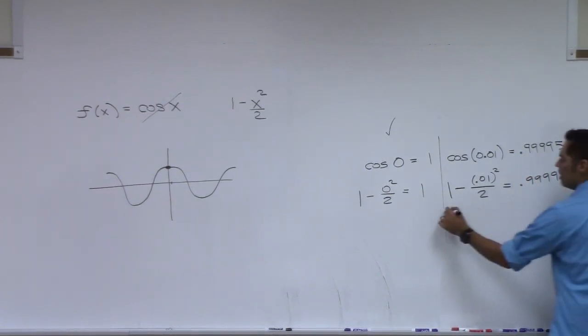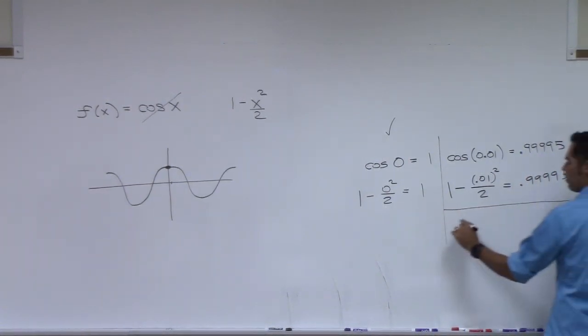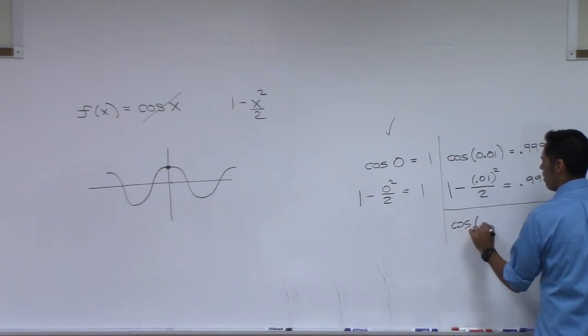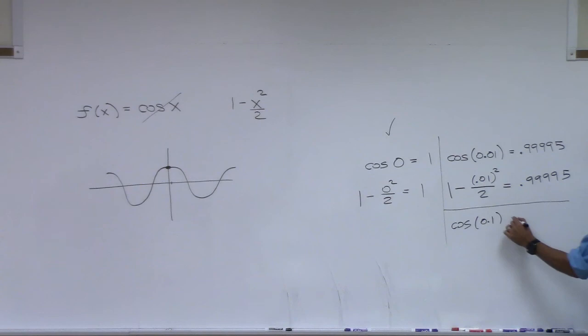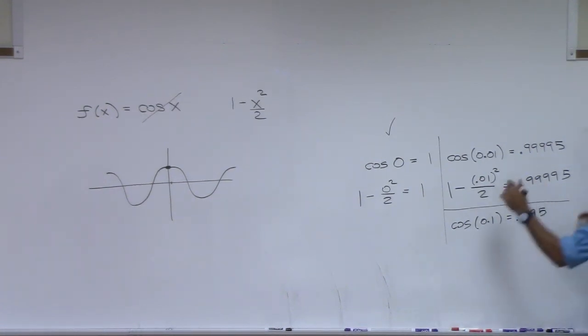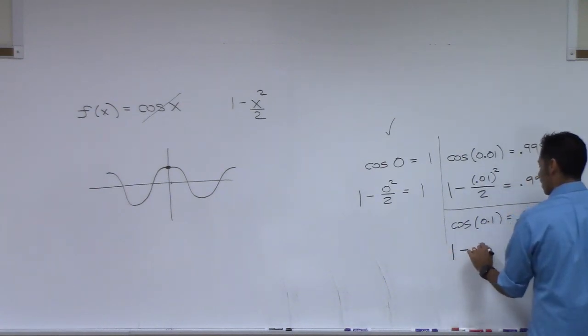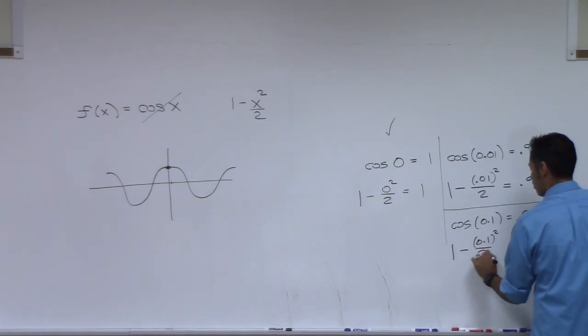Let's try moving out a little further. How about cosine of 0.1? What is that on your calculator? 4 nines again? 2 nines and then a 5? Okay, now try 1 minus 0.1 squared over 2, and what do you have there?